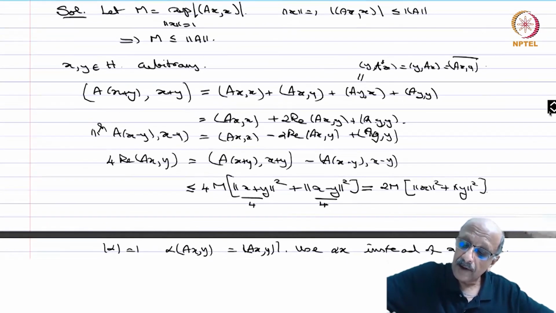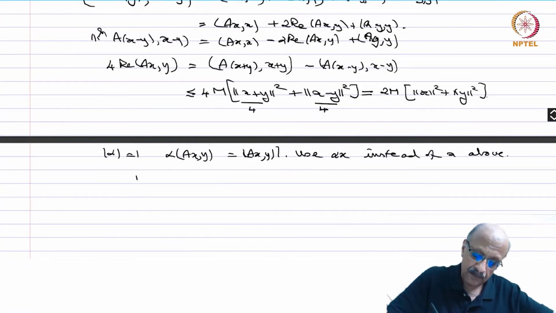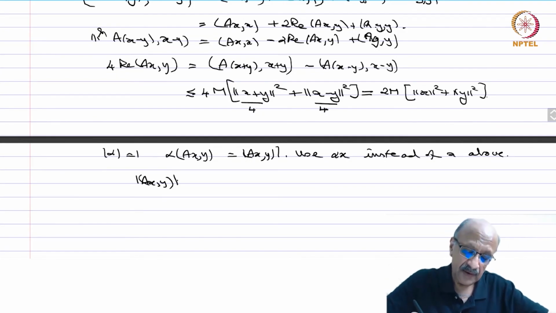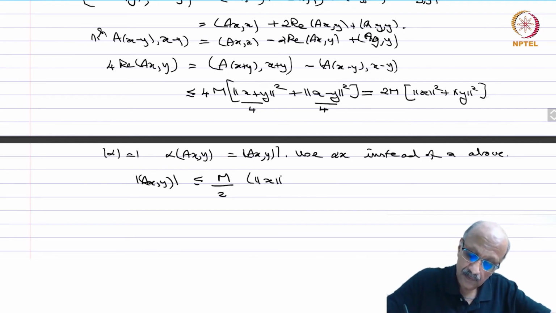So if you substitute alpha x instead of x, you get mod A(x,y) is less than or equal to, since I am going to divide, M by 2 into norm x square plus norm y square.